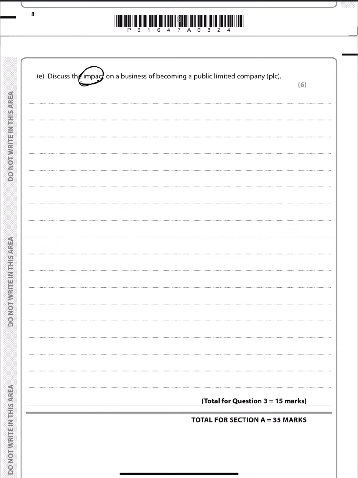So let's start with one advantage. Being a public limited company means that the business is now open to the entire public. It can now issue new shares to a large number of potential shareholders and also gain more capital.